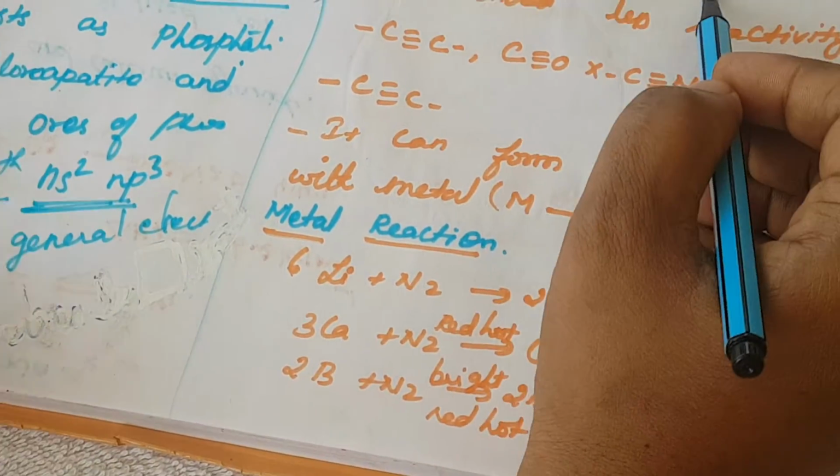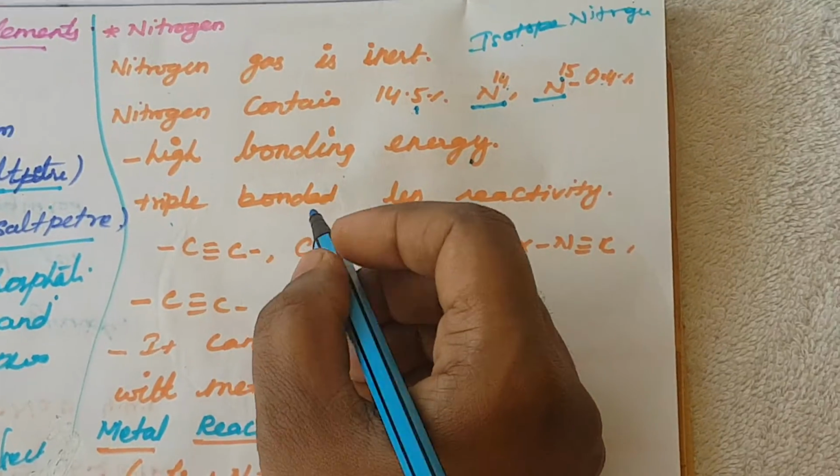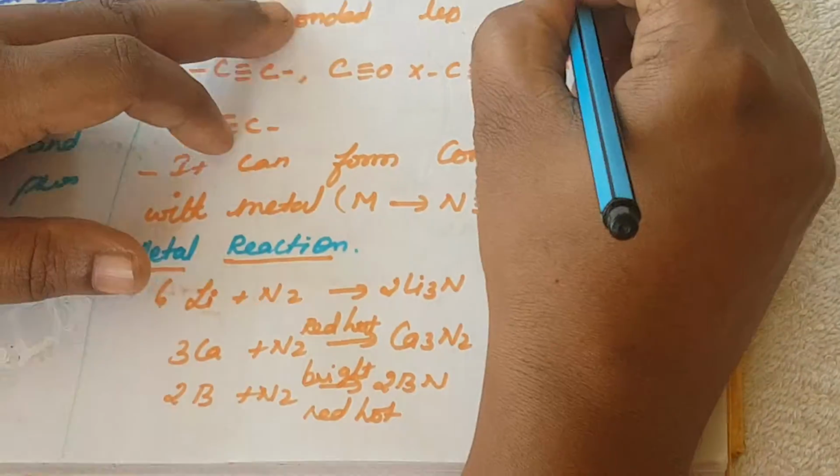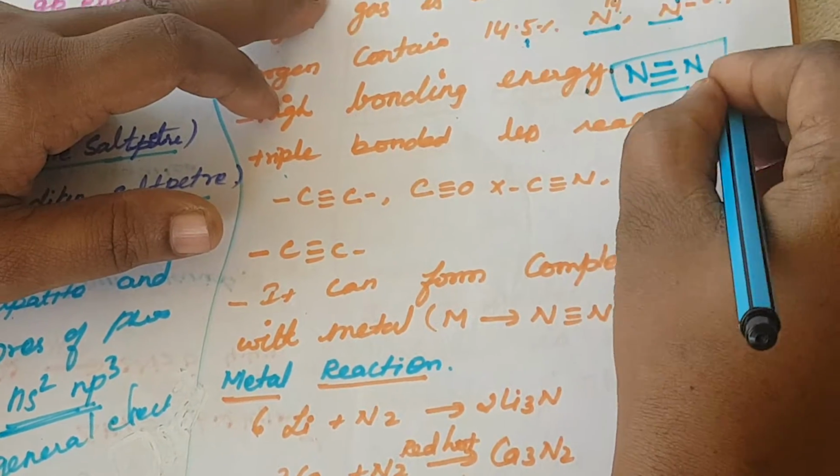Because of the high bond energy of the triple bond, nitrogen has low reactivity. We already know that nitrogen exists with a triple bond, N triple bond N.